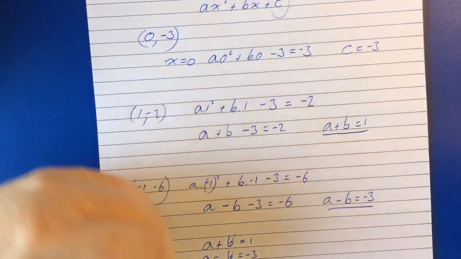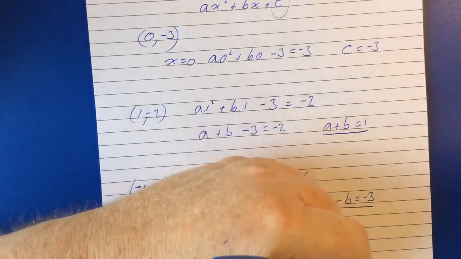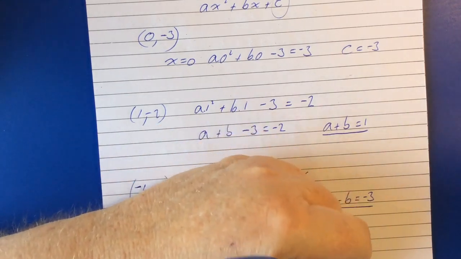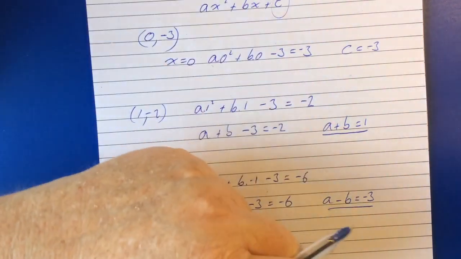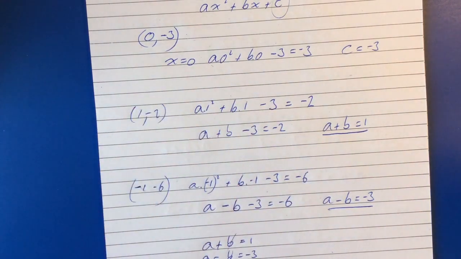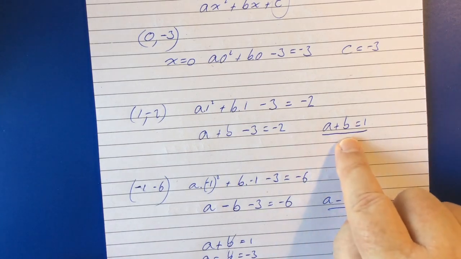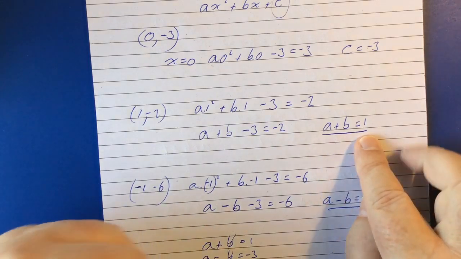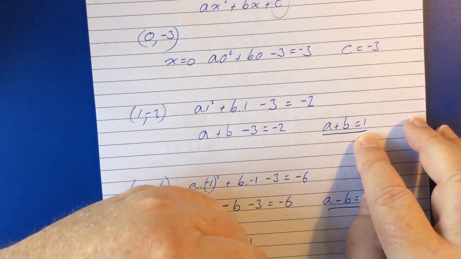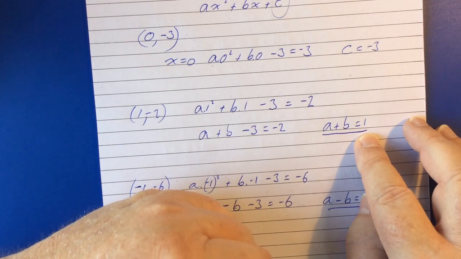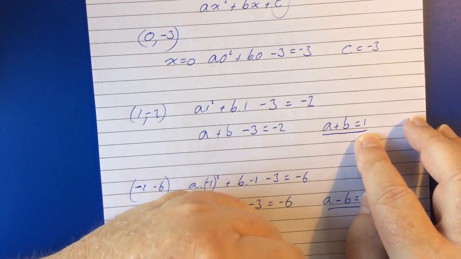So what we know now is that c equals -3 and a equals -1. Now, we don't need to do very much more. What we know is that if a equals -1 and we add b to it, we get 1. So let's just fill that out. -1 plus b equals 1.